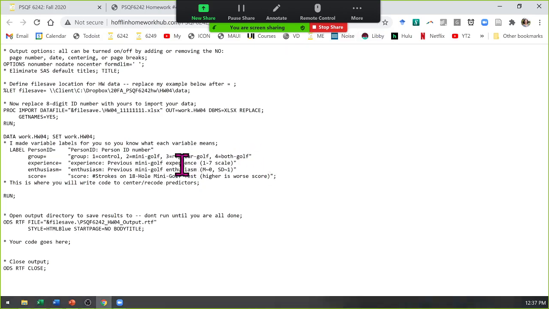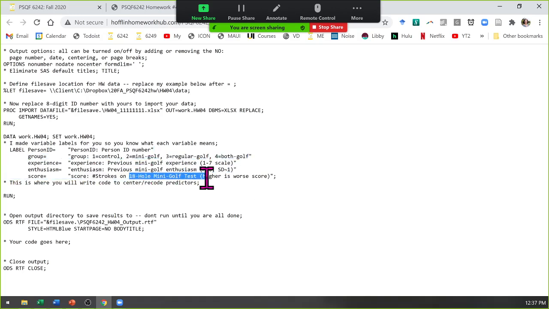The variable that you're working with right here is group, and 1 is control, 2 is training in mini golf, 3 is training in regular golf, and 4 is training in both. So I'm getting 18 from the number of strokes on the 18-hole mini golf test.